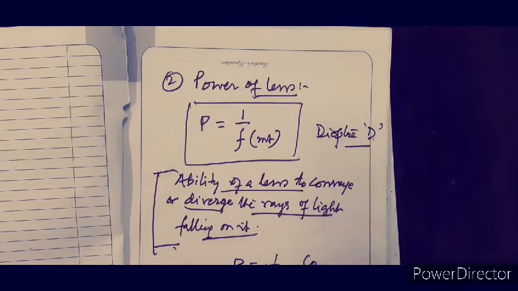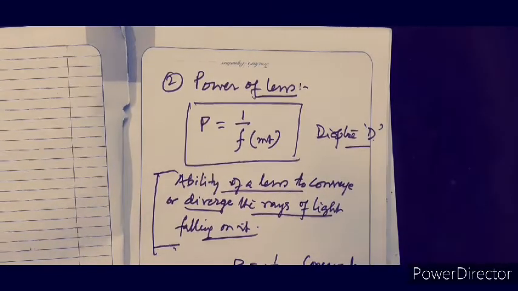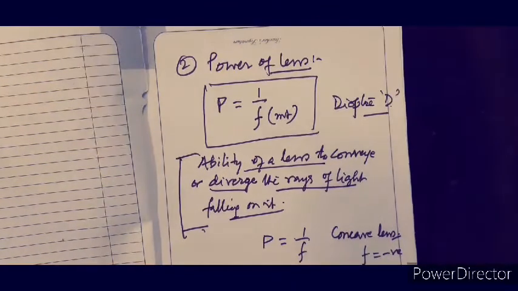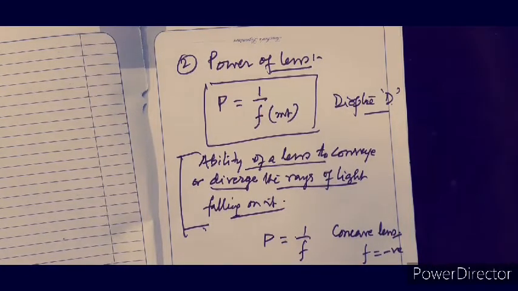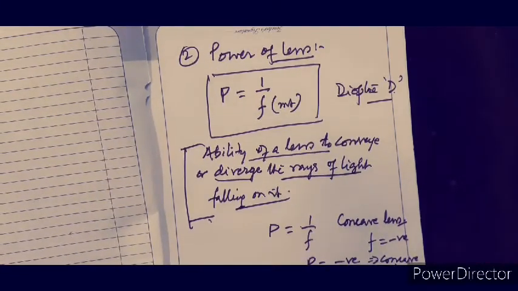So for concave lens, focal length is negative, so power is negative. And for convex lens, as focal length is positive, therefore power is positive.